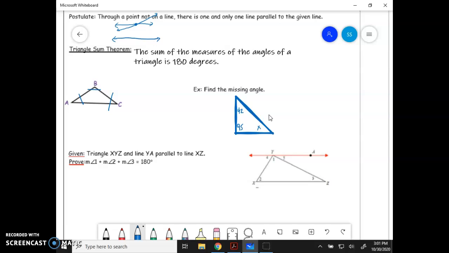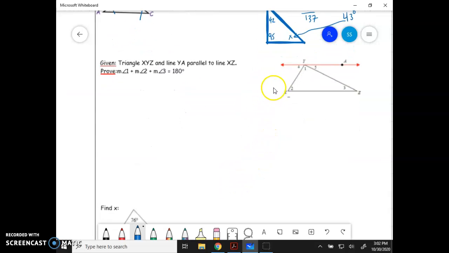Well, all we have to do is add up 42 and 95, which is 137, and take that total and subtract it from 180, and we'll be left with the remaining degrees. So 43 degrees is equal to x. Okay? All right, moving on.